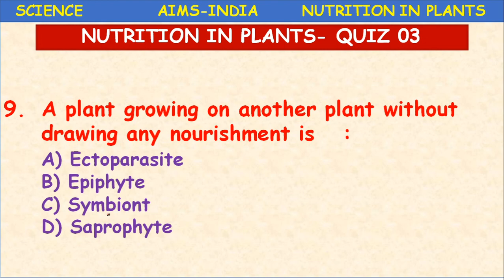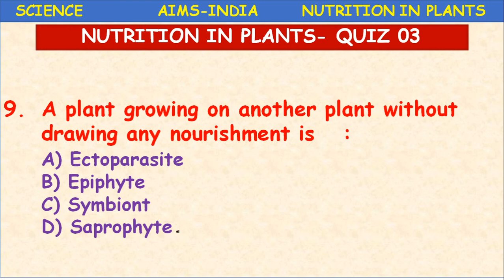Next, symbiont means organisms which are in mutual association. For example, a groundnut plant and Rhizobium bacteria. The nutrition is called symbiosis, and the organisms are called symbionts. Then saprophytes, we discussed, are fungi which grow on dead and decomposing organic matter.